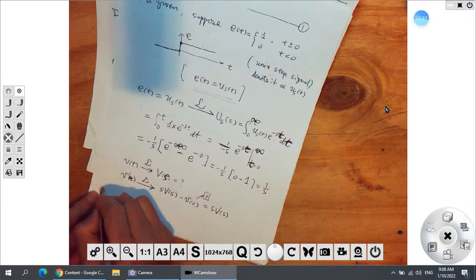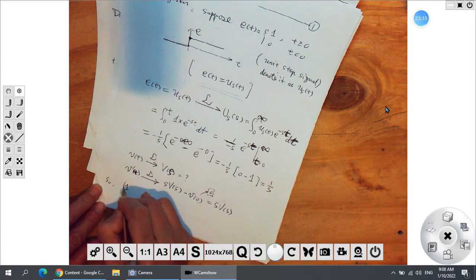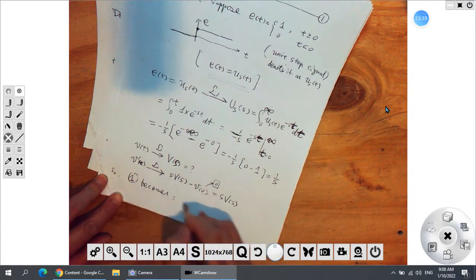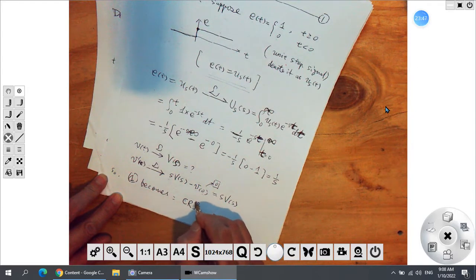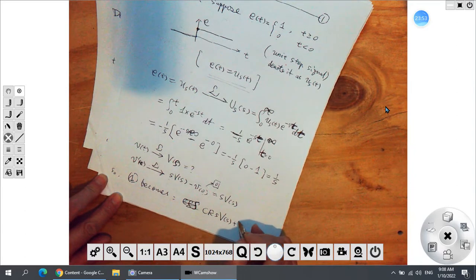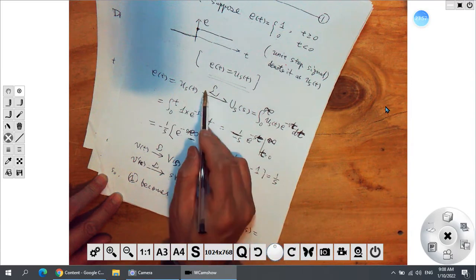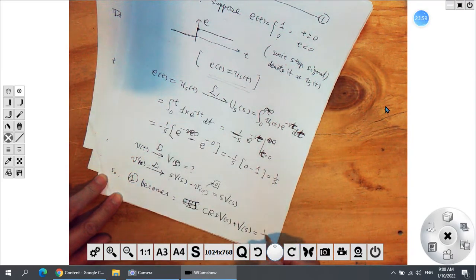Okay, so CR times V prime becomes, after Laplace transform, CR s times V of s, plus V of s, equal to E. E now, after Laplace transform, is 1 over s.